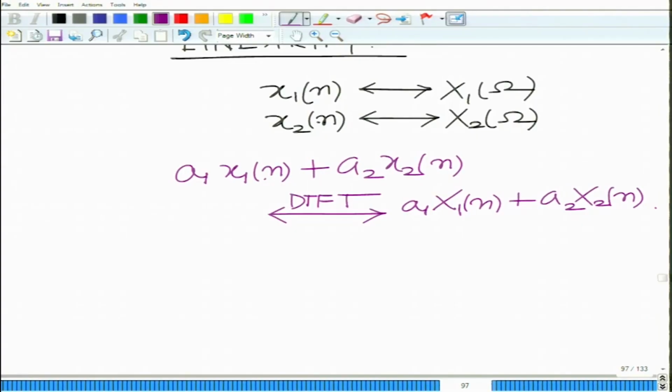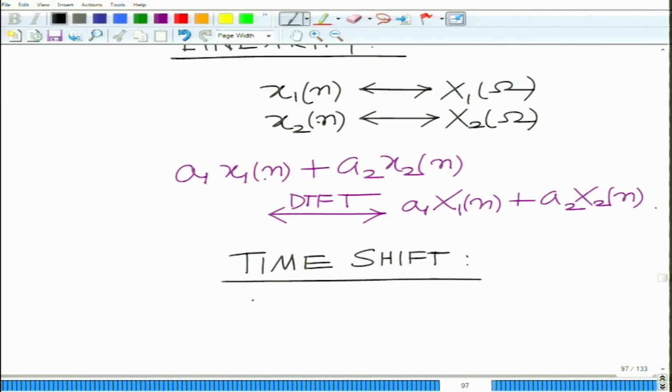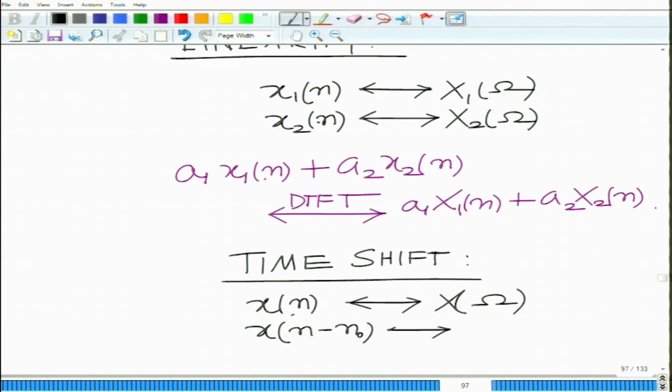Time shifting is another important property. What happens when you time shift a discrete time signal? Let us say x[n] has the DTFT X(omega). What happens when you time shift by n naught?